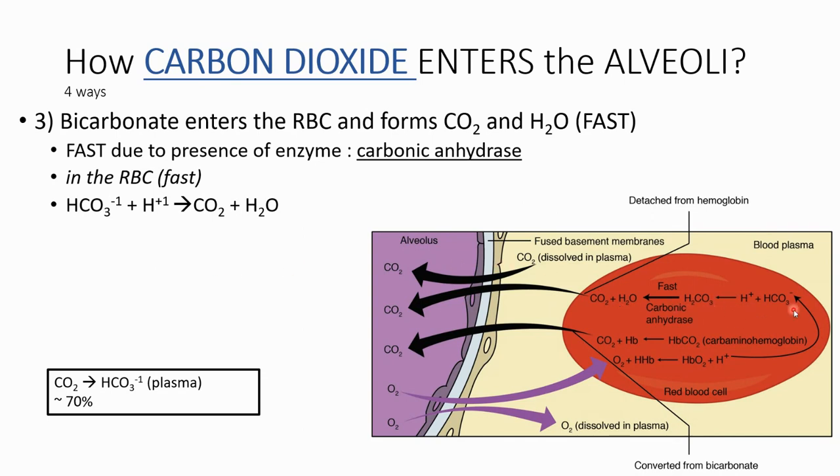Now you have this reaction here, which is where that bicarbonate ion is going to combine with that hydrogen to form carbon dioxide and water, and that carbon dioxide is then going to go into the alveoli. Again, the majority of the bicarbonate ion turning back into carbon dioxide, that's going to be about 70%. And the reason why this is fast is because that carbonic anhydrase is there.